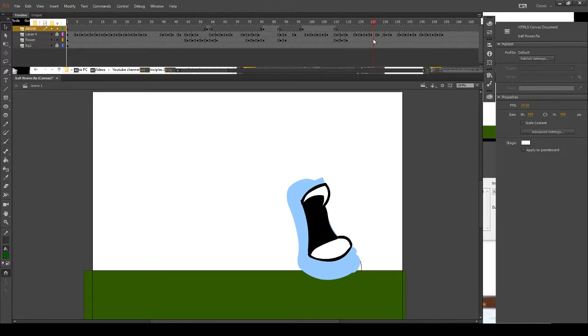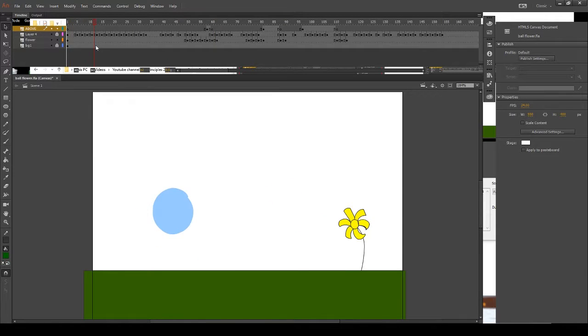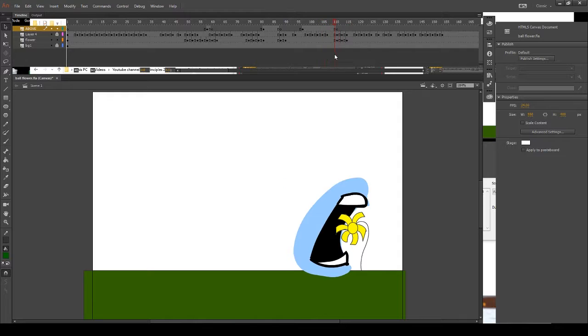And then, you know, just stretching as much as I can these poses. But yeah, so the sniffing and the chomp.